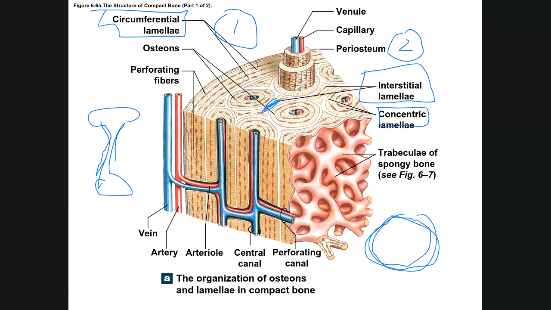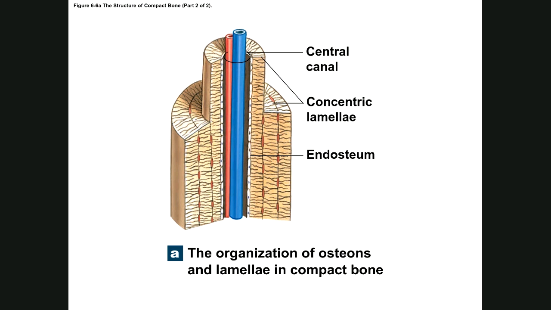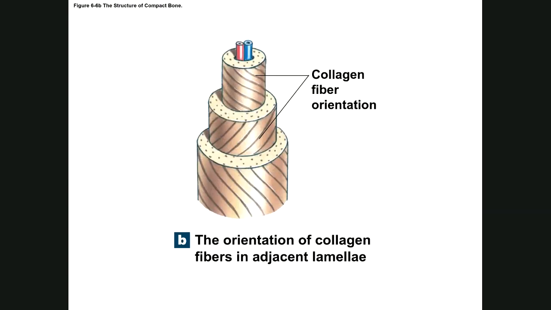Now, the concentric lamellae here: remember we told you the bone matrix has two parts, the mineral part, which is two-thirds, and one-third of it is collagen. This one shows you the nice crisscross pattern of the fibers.